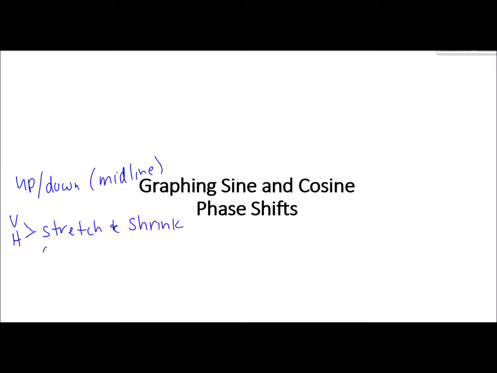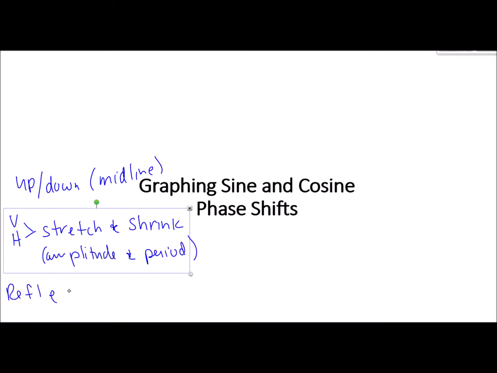That's where the amplitude and period were involved. Okay, reflections, we know that. That was that negative out in front, the negative A. And this last one, phase shifts, that's just your horizontal shifts, left and right.